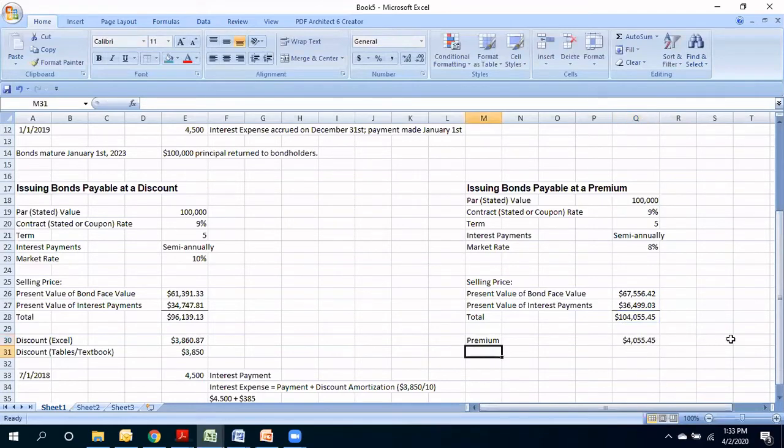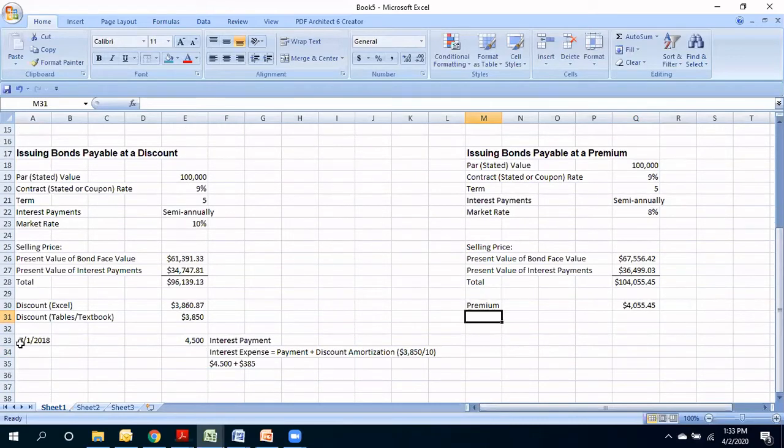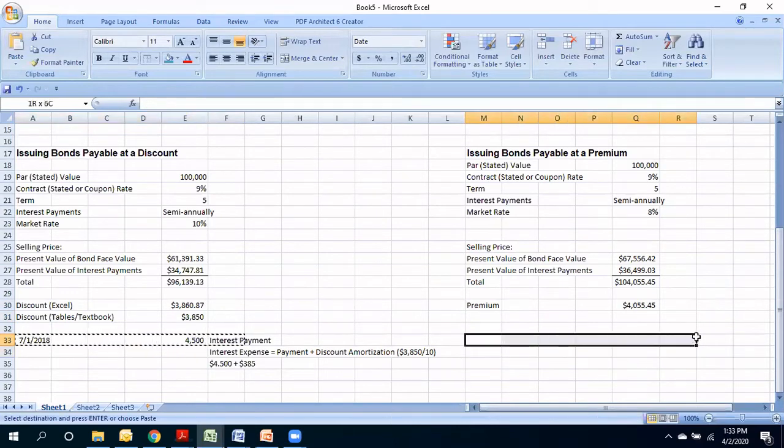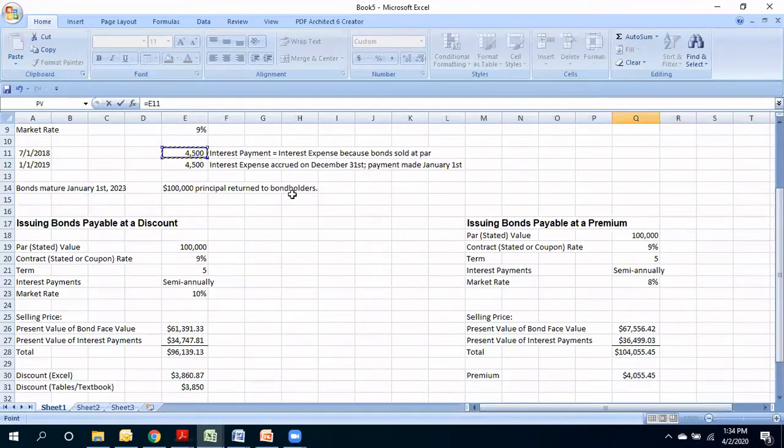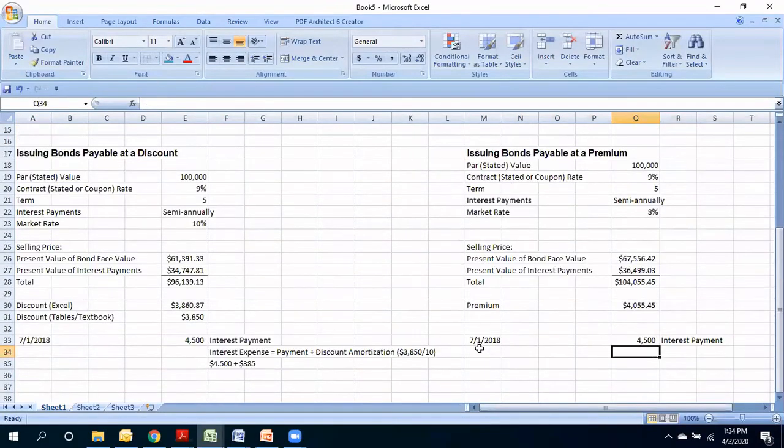What happens with a premium is exactly opposite of what happens with a discount. So the company is still going to make interest payments every 6 months of $4,500.